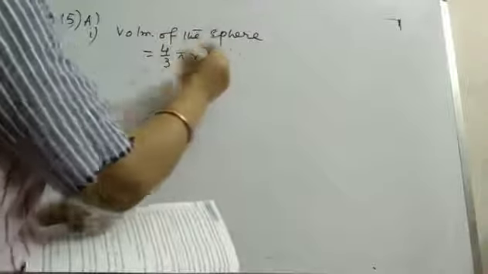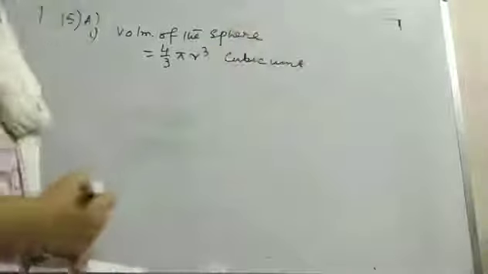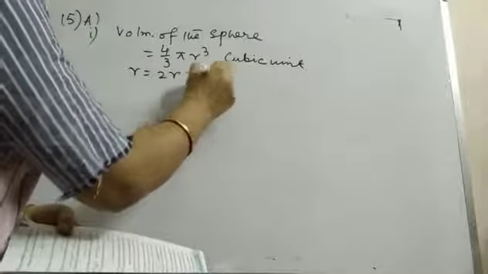A1. The volume of a solid sphere having the radius of 2r units length is what? I know the volume of the sphere equals 4 by 3 pi r cube cubic unit. Here r equals 2r unit.